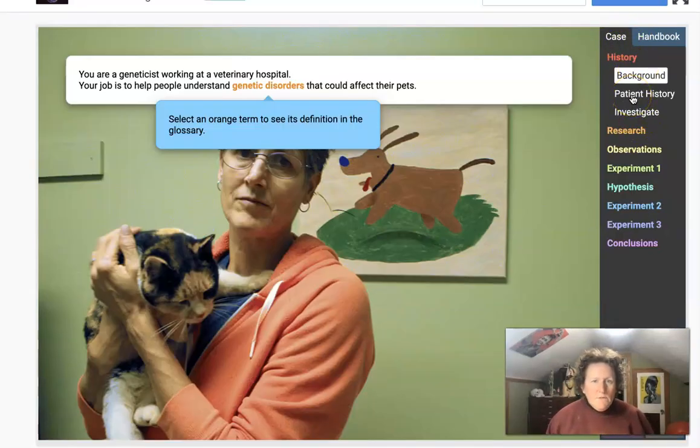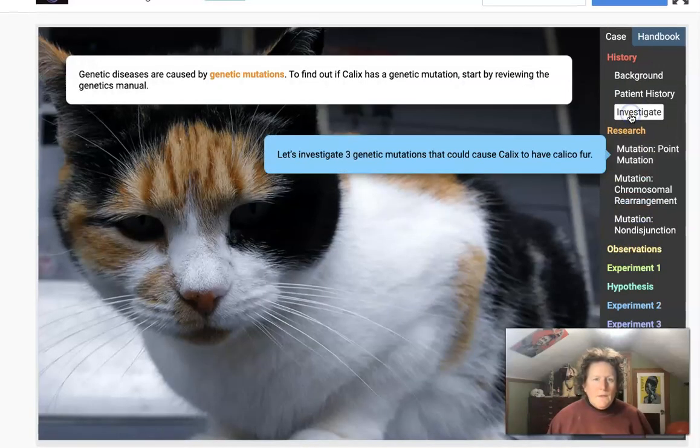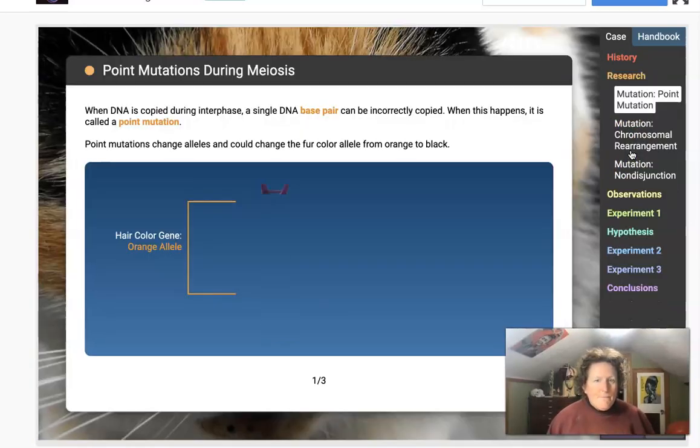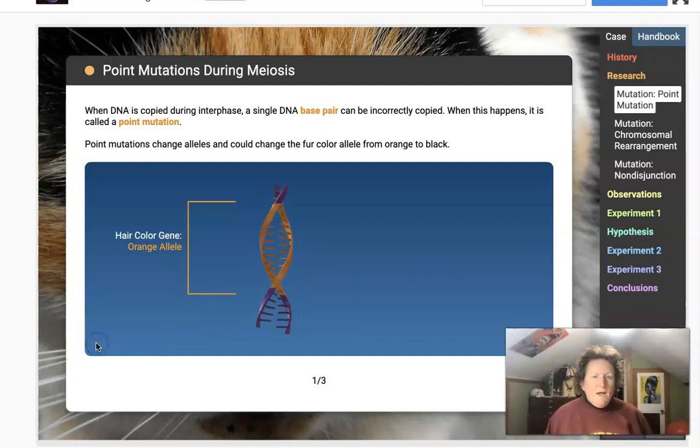So let's go on to patient history. Let's investigate 3 different genetic mutations that could cause Calix to have calico fur. So it could be a point mutation where one nucleotide pair messes up in the copying of DNA, in DNA replication.